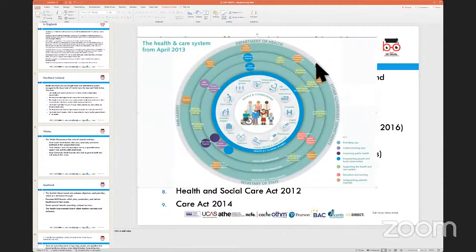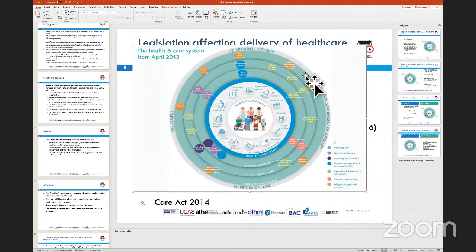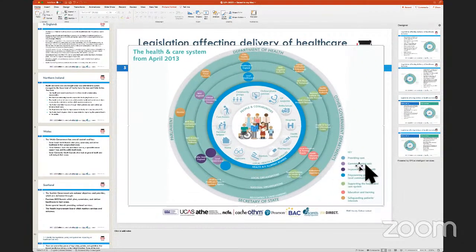So this particular structure of the healthcare system in England, or in England and Wales, was introduced, and there was a reorganization which happened with the Health and Social Care Act of 2012. When we look at how services are delivered to members of the public, in this structure the Department of Health is in the outer periphery.